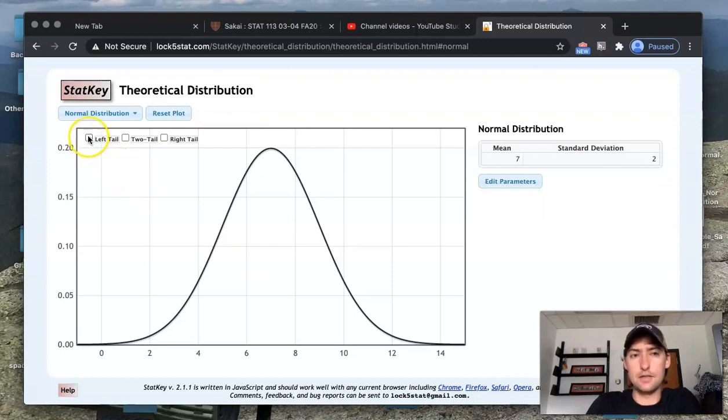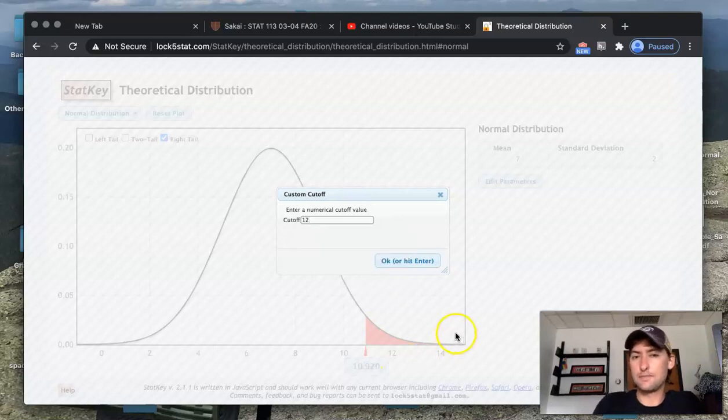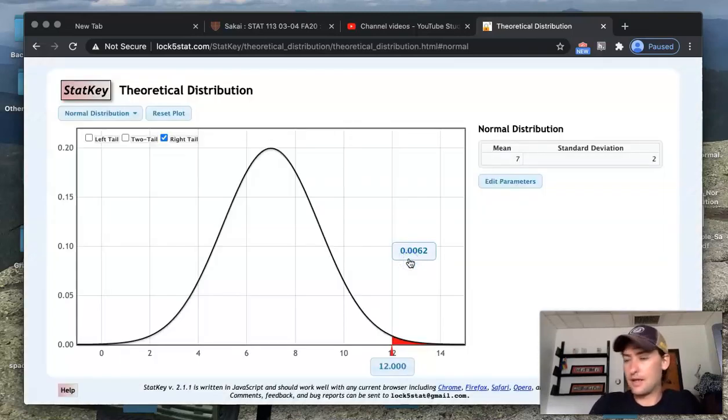Now instead of clicking left tail, I'm going to click right tail, and change this value here to be 12. And so we get a probability of 0.0062. We had guessed on our picture that it was 0.05, so I was very, very off on that, which is fine. The picture is just meant to be a guess and an approximation, and StatKey will give us this exact probability.